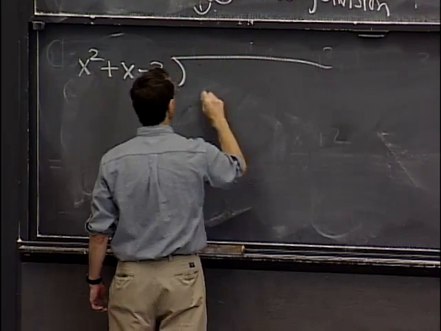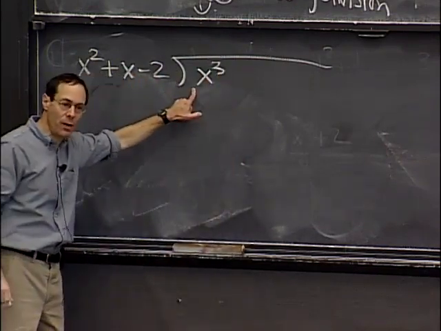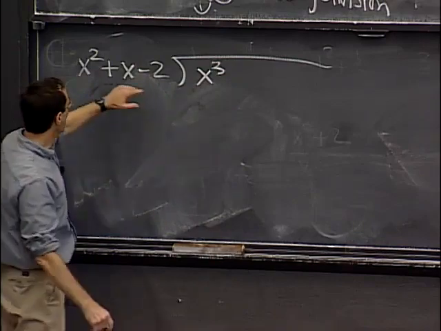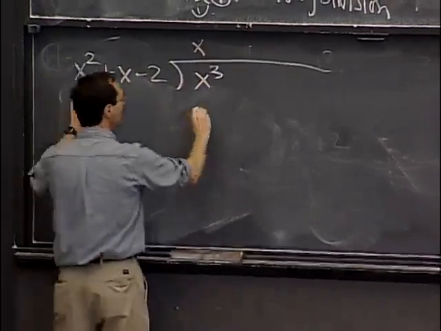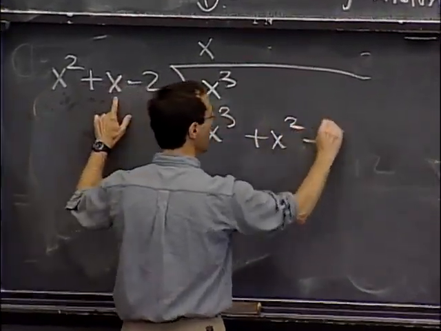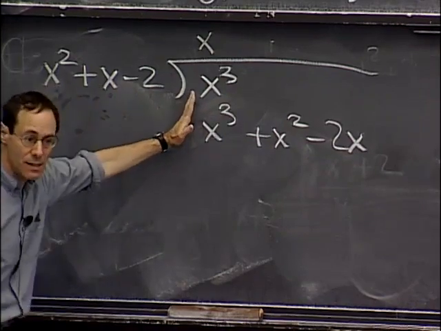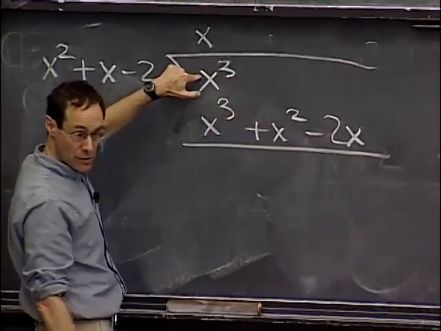So we're dividing this polynomial into that one. And so the quotient to first order here is x. That is, that's going to match the top terms. So I get x cubed plus x squared minus 2x. That's the product. And now I subtract, and it cancels.